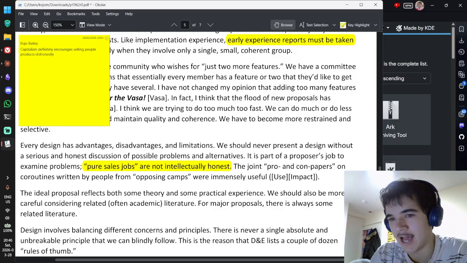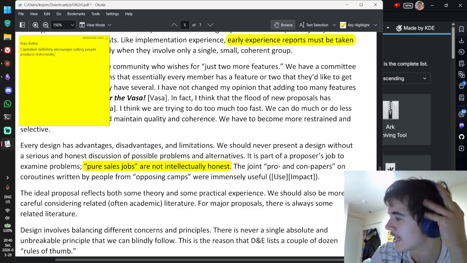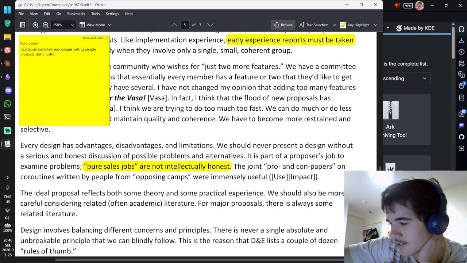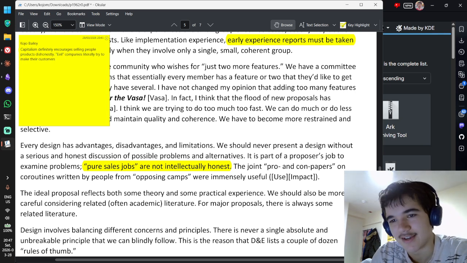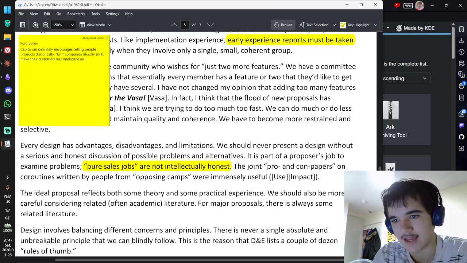It just sucks. Can we sell people stuff without being dishonest and without insulting their intelligence? In fact, companies literally try to make their customers, okay, well, evil companies, evil customers less intelligent and less capable of critical thought so that they can more easily be sold stuff.